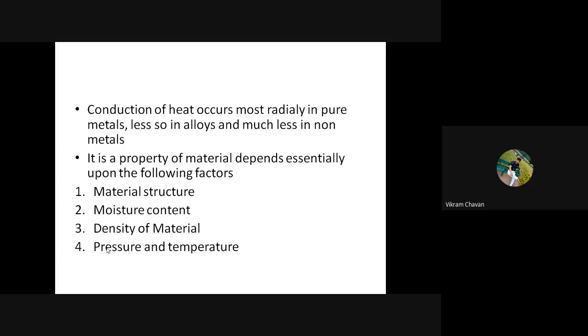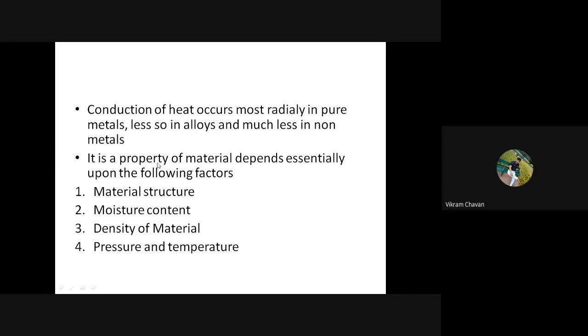But we have to remember one thing, that the base metal or pure metal has higher thermal conductivity than the alloying materials. And the thermal conductivity is very less in non-metals.